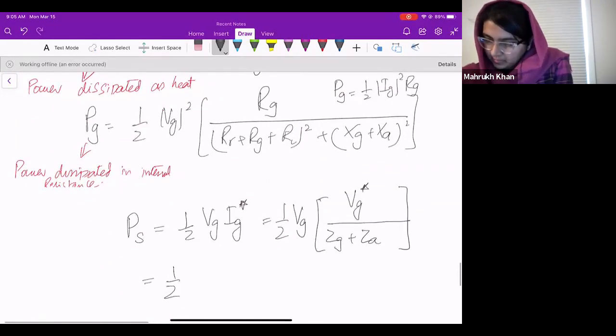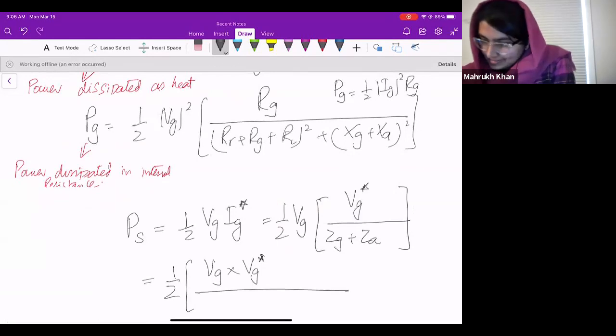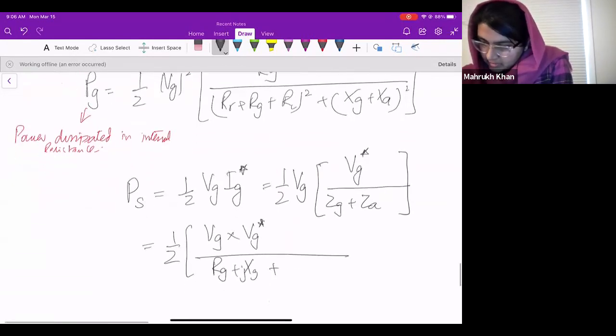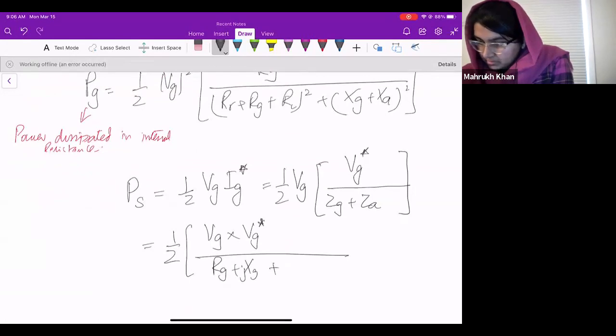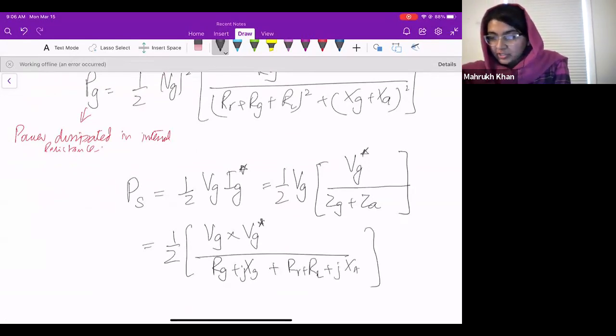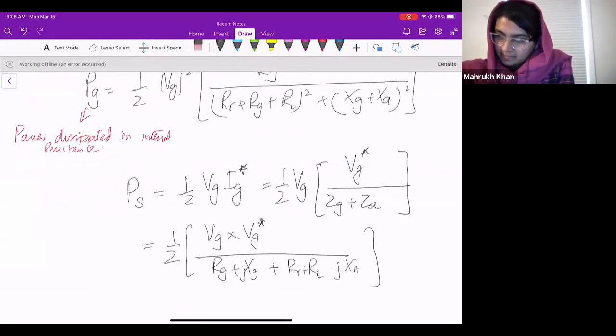And that will be JXG plus RR plus RL plus JXA. Now, because this is a conjugate matching scenario, it will be minus JXA, and these will cancel out with each other.